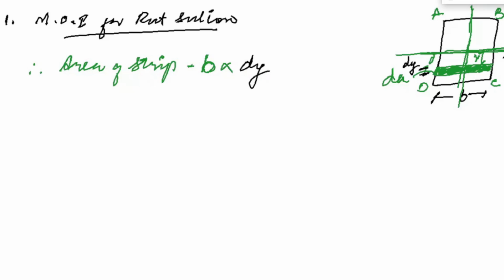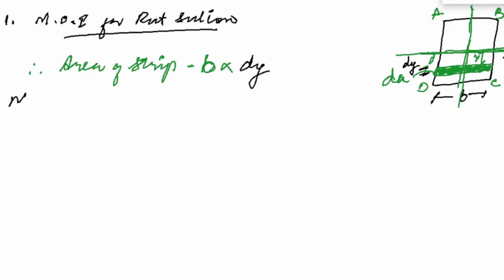Now, if I have to calculate the moment of inertia of the whole section, I have to basically integrate it within the limits, right? Wherein our y will be within the limits of what? It is starting, if this is your x-axis, this distance will be simply d by 2, and again this will be d by 2.